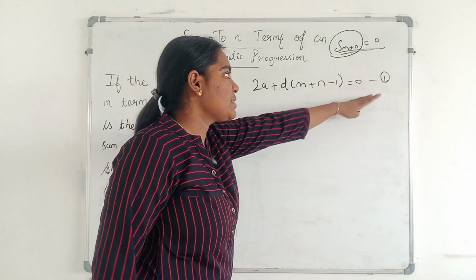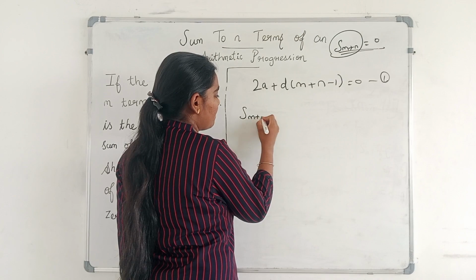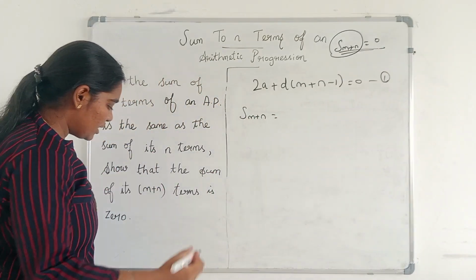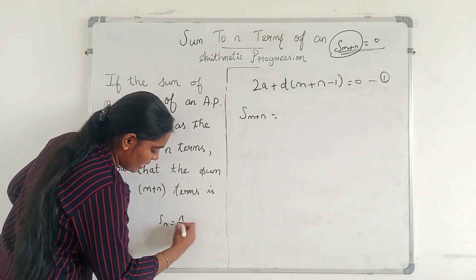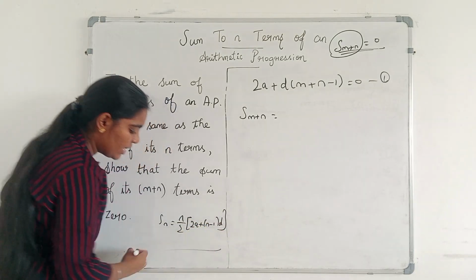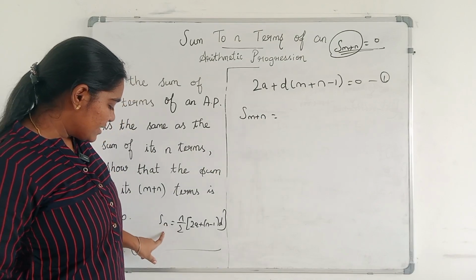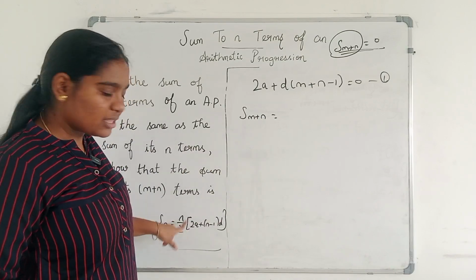Assume this value as equation number 1, and now the summation of m plus n. We already know that the summation of n is n by 2 into 2a plus n minus 1 d. Here, for the summation of m plus n, instead of this n, you will substitute m plus n in this formula.